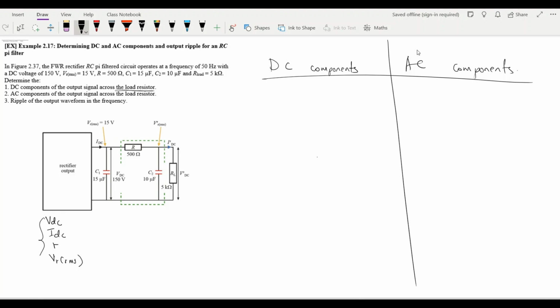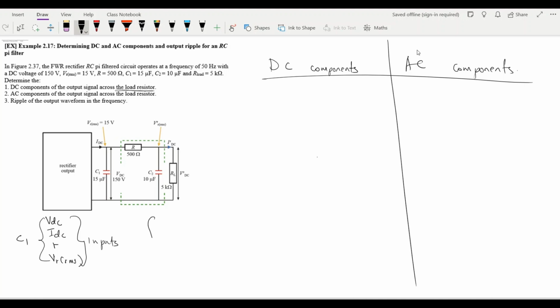This is across C1. Once an examiner says calculate this and that across C1, calculate the current supplied to the rectifier across C1, they are talking about inputs. We call these our input components.